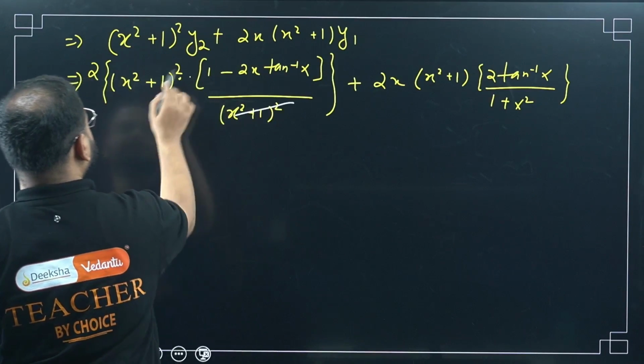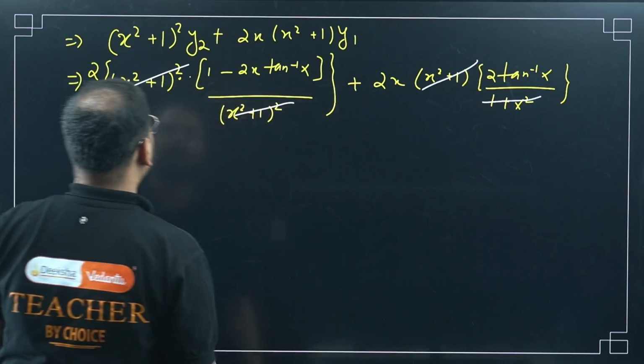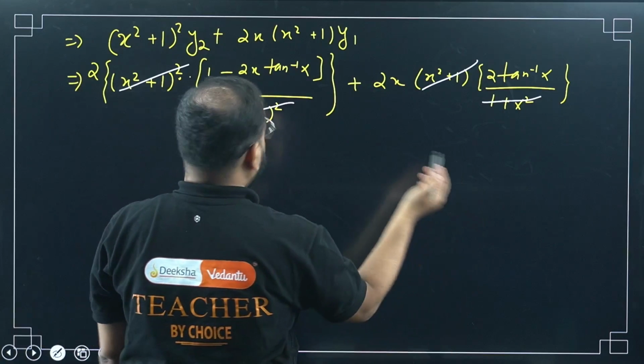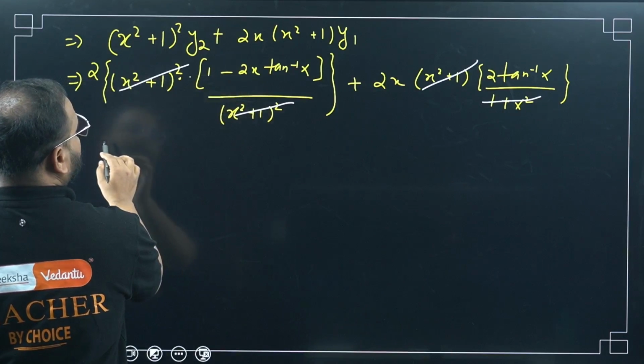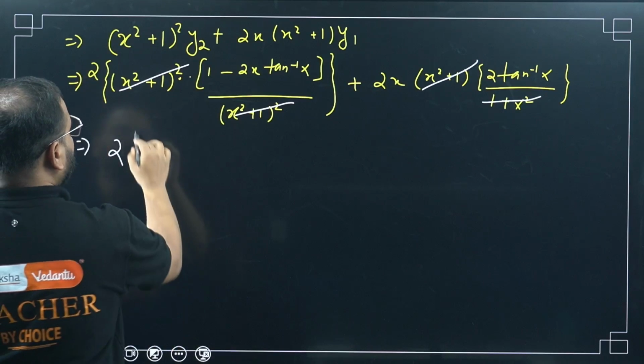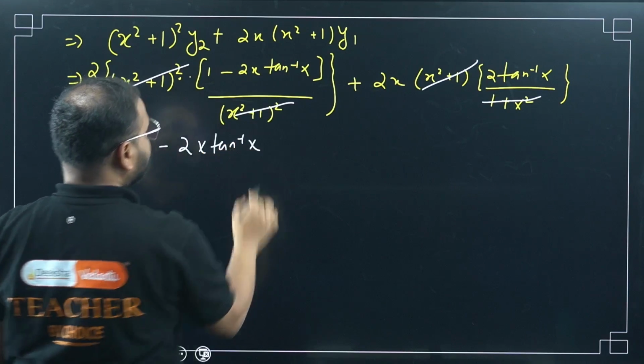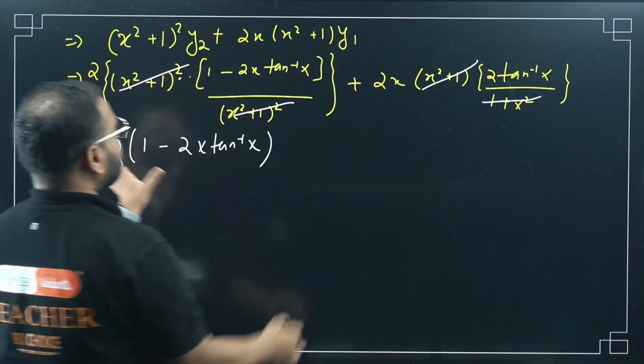Please cancel this. Now, let's see how this will look. I have 2 left, this 2. I have 1 minus 2x tan inverse of x left, right?